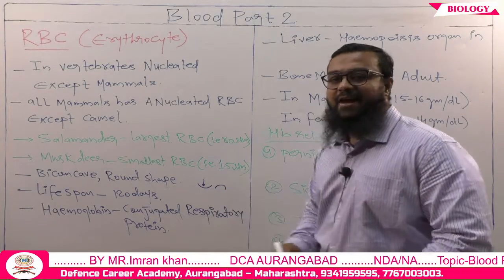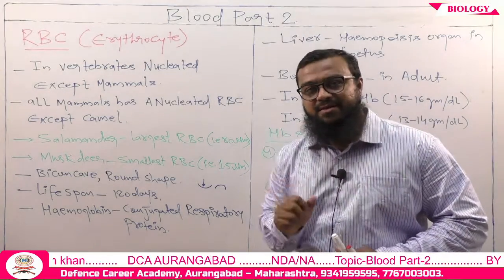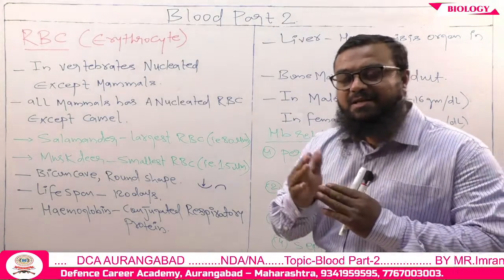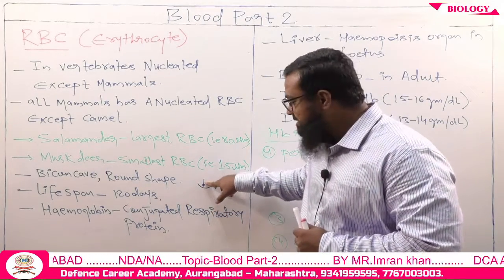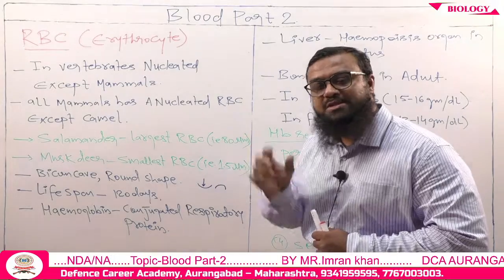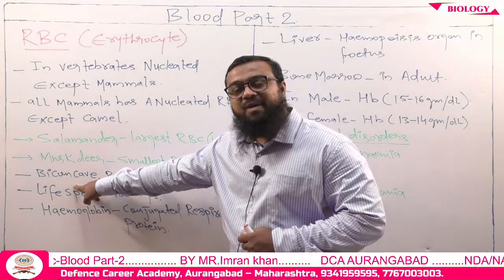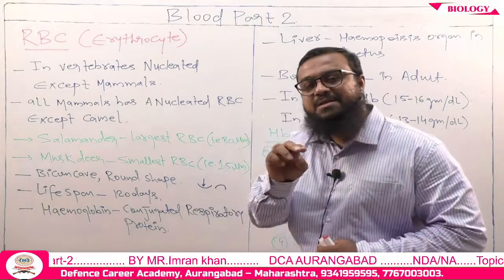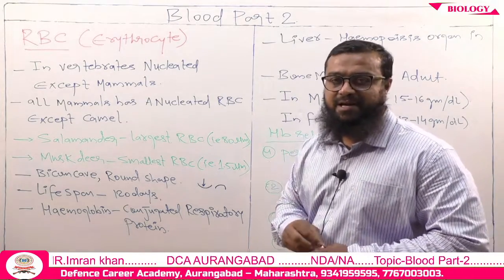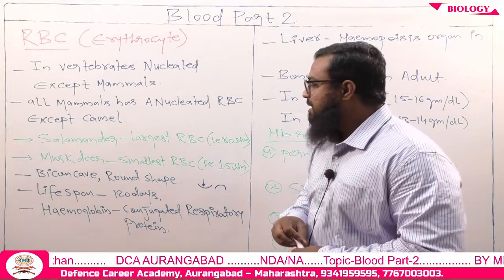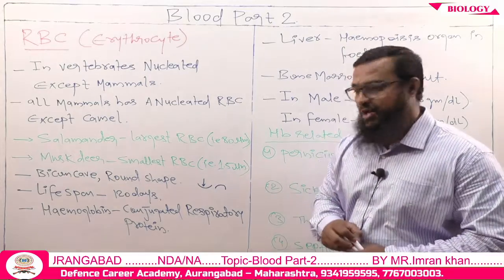Biconcave means from both sides the RBC is concave, the depressed part is present from both sides. That's why it is called biconcave. It is spherical or round in shape.